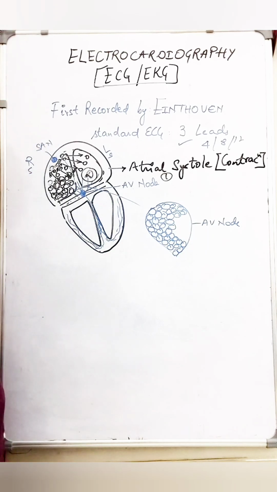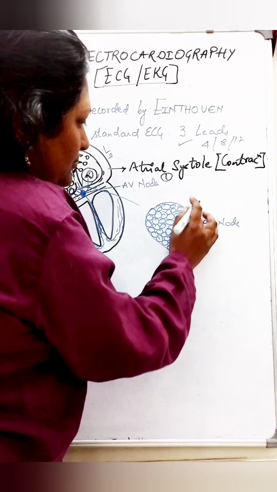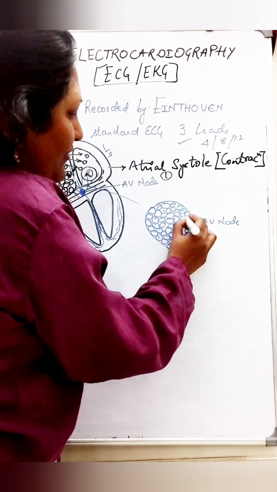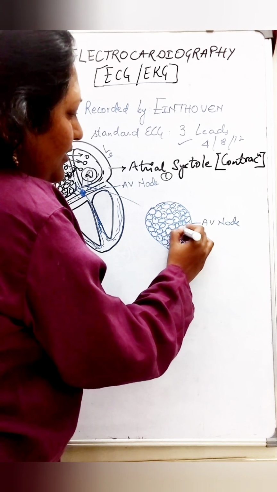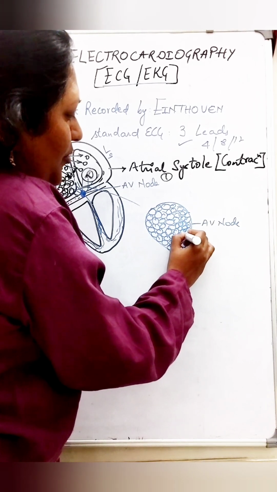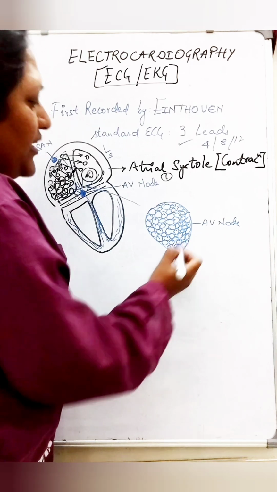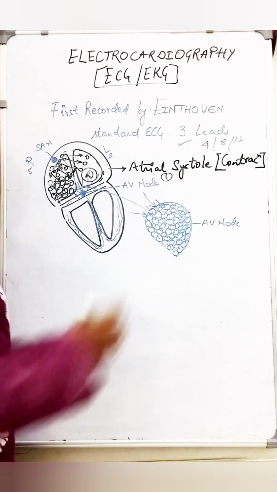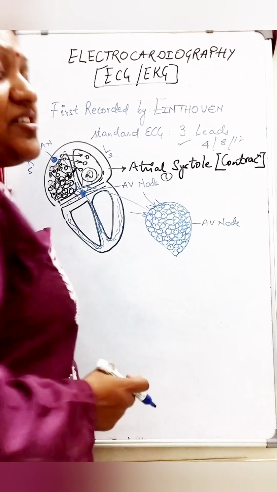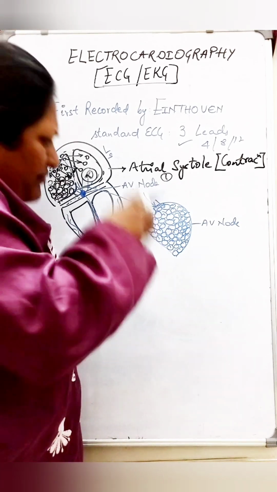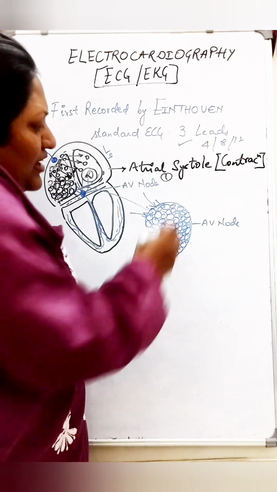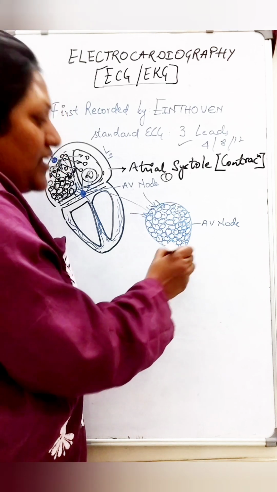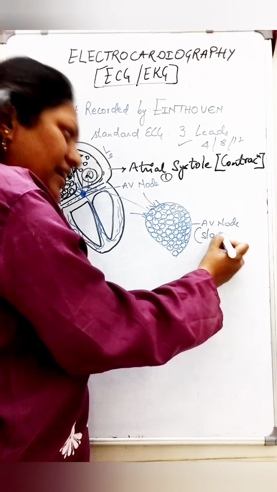After depolarization, when the electropositive signals are trying to reach this, because it is a compact mass of cells, very compact, the transmission of the electropositive signals across the AV node is slow. It is actually very, very slow.